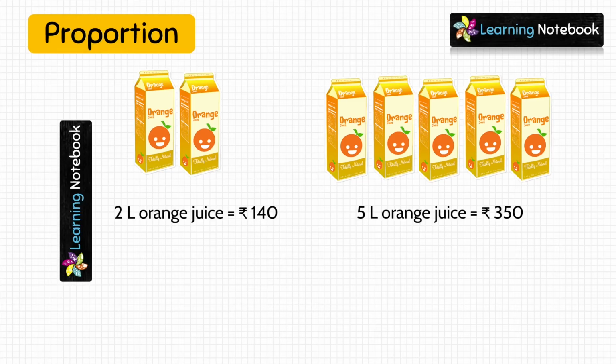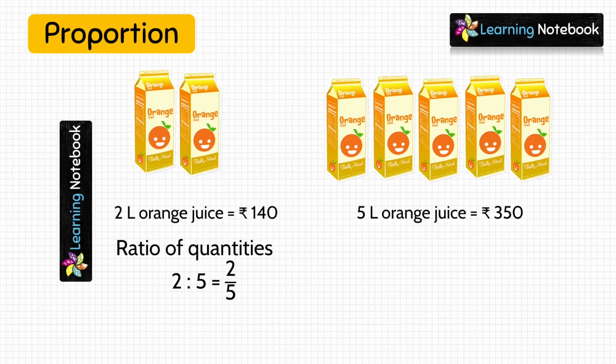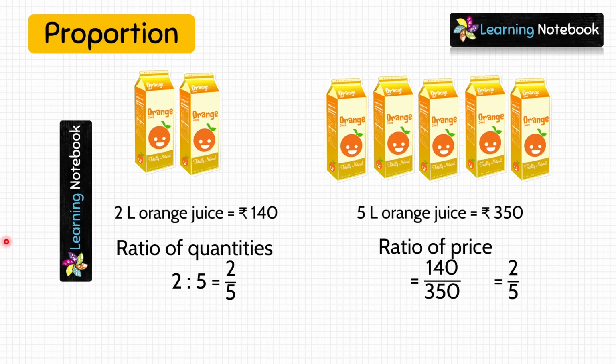Let's take the ratio of their quantities and their price. Ratio of their quantities is 2 is to 5 or 2 by 5. Similarly, the ratio of their price is 140 upon 350, which on being simplified becomes 2 by 5.